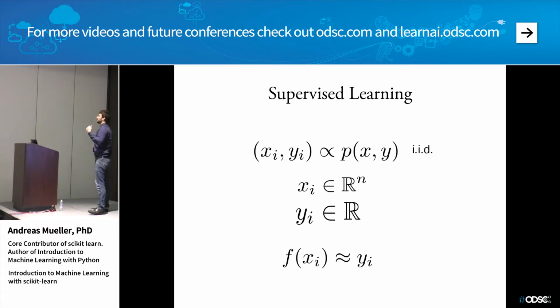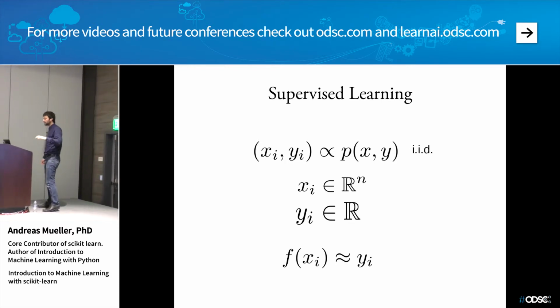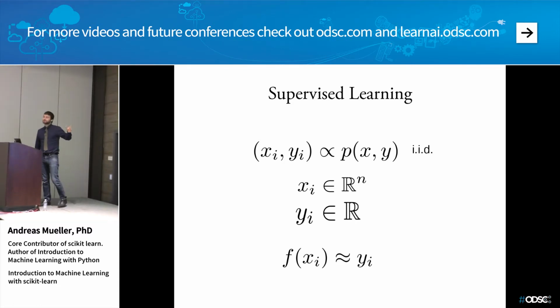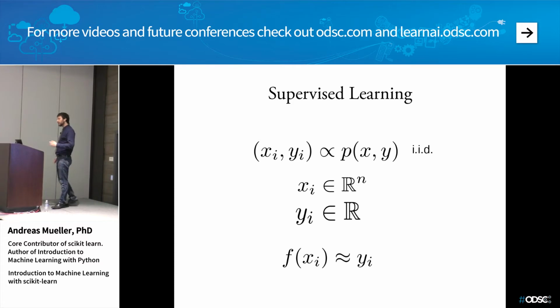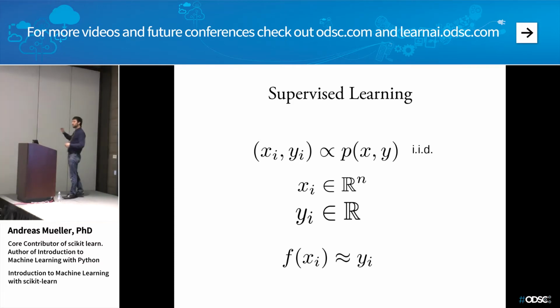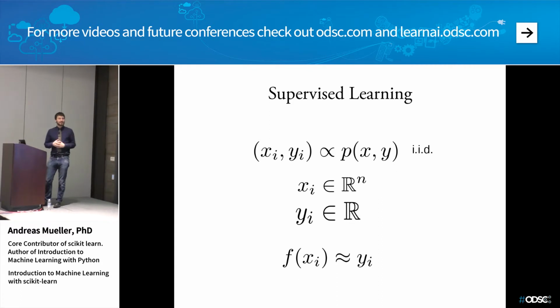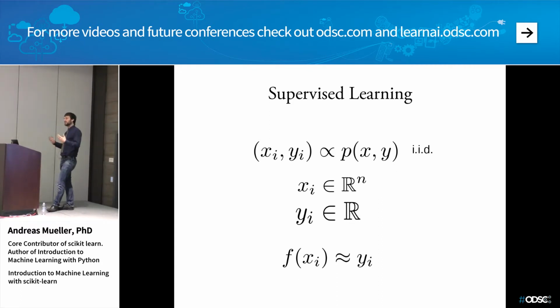So the setting for supervised learning that I'm talking about usually is you have some data points, x and y. Let's say x describes the data and y is the desired outcome. So in the example, x is some description of an email, and y is 0 or 1, spam or not spam. And you have many data points that are drawn from a distribution IID, meaning they're generated by the same process.